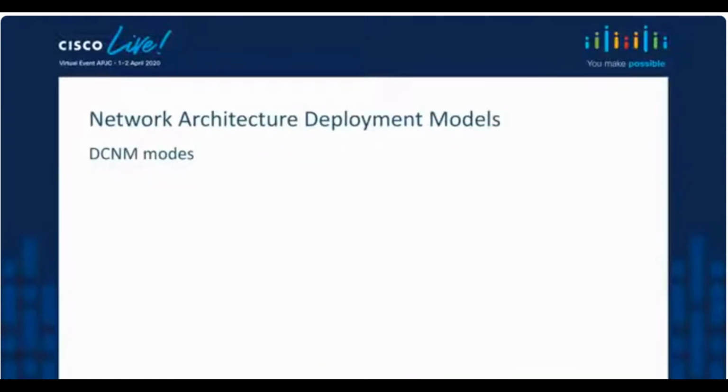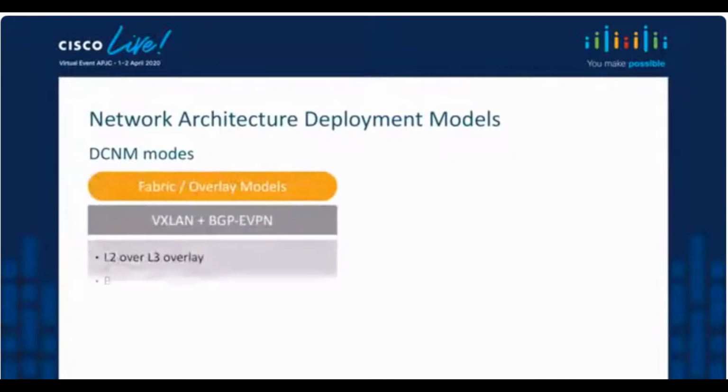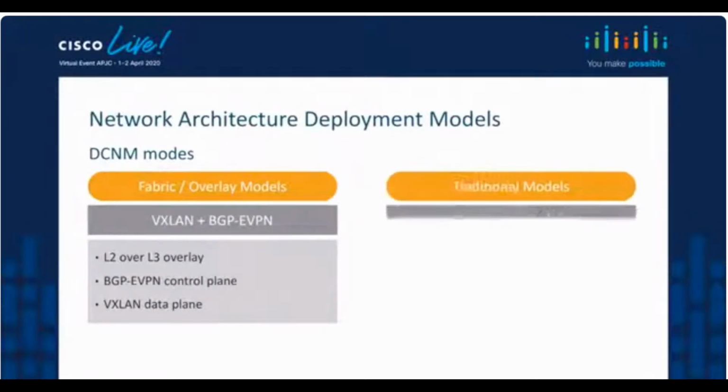Now, when it comes to DCNM modes and how can we actually map DCNM modes with the architecture deployment models, there are two buckets in which I'd like to put these models under. One is a fabric or overlay model with VXLAN and BGP EVPN. This is a leaf spine architecture with VXLAN in the data plane and BGP EVPN in the control plane.